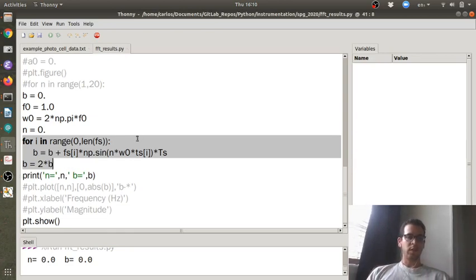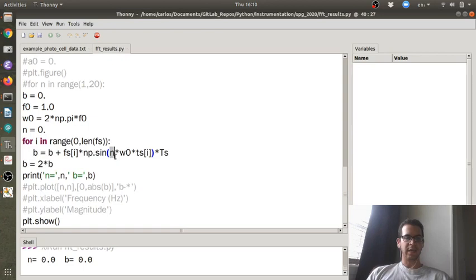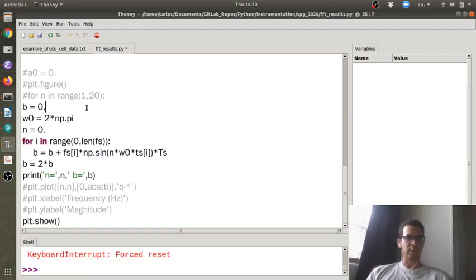I have this coefficient n in here, and n is multiplied by omega naught, where omega naught is just 2 pi. This f naught is irrelevant, I don't actually need it in there. So when I say n equals 1, what I'm saying is compute the magnitude of my input signal at a frequency of 1 hertz.